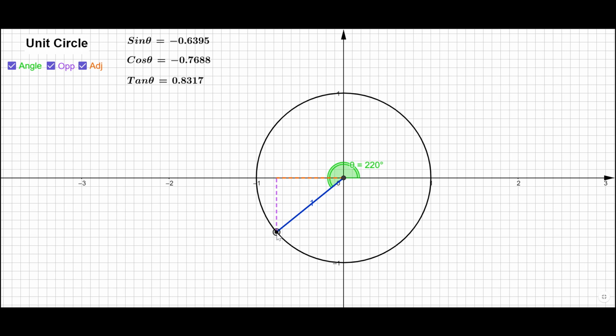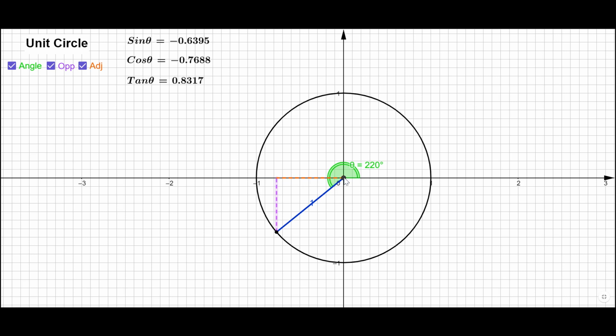But now have a look. Notice that now my sine ratio is actually negative. My cos ratio is negative, but my tan ratio is positive. Why is that? Well, if we form the triangle over here in this quadrant, then note that my adjacent side over there, my x value, is still going to be negative. But now my y value, my opposite side there, is going to be negative as well.